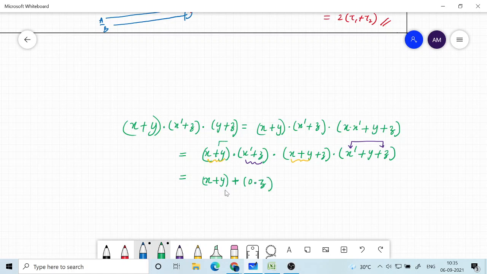So I am trying to combine these two terms. It will be (x plus y plus 0) dot (x plus y plus z). You see that?